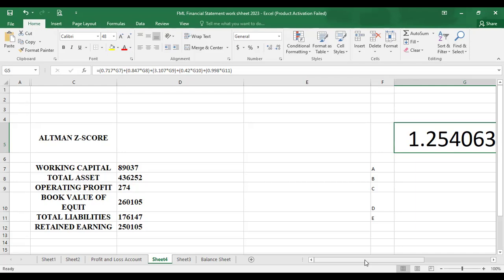So what I was saying is that we would assign companies to you, but I want you to understand how to get the Altman Z-score, what we have done, because it will be part of your assignment.